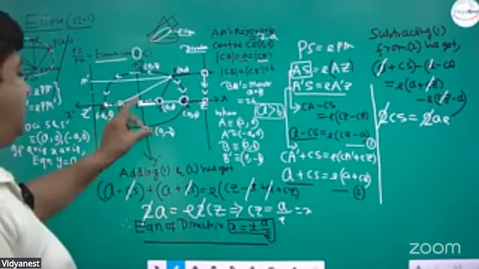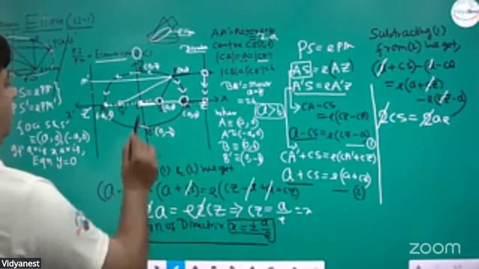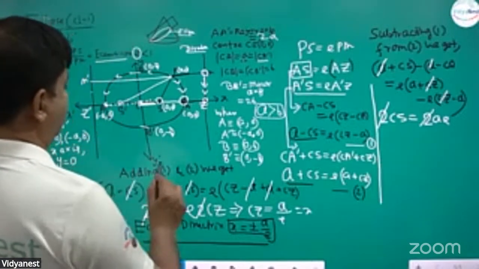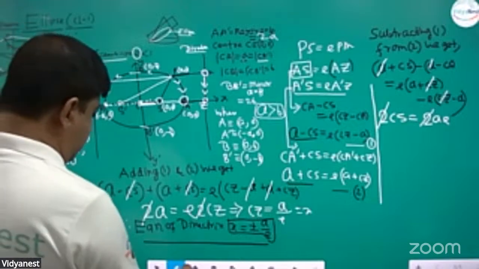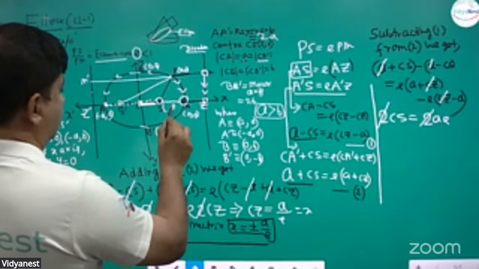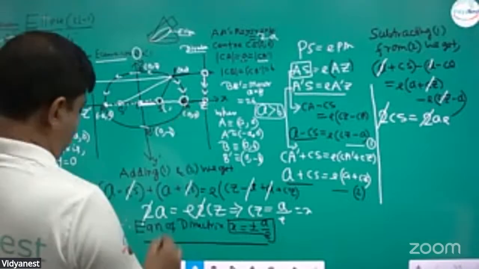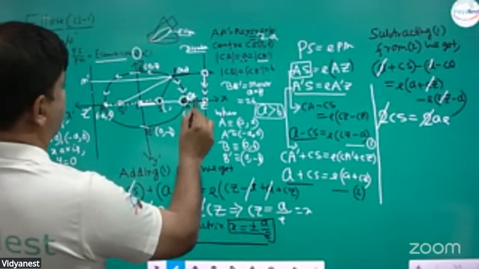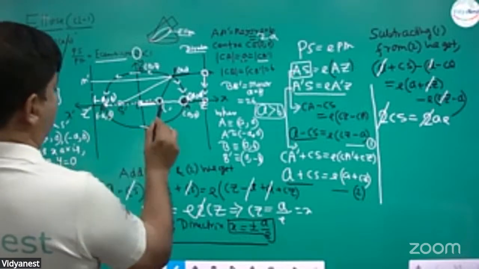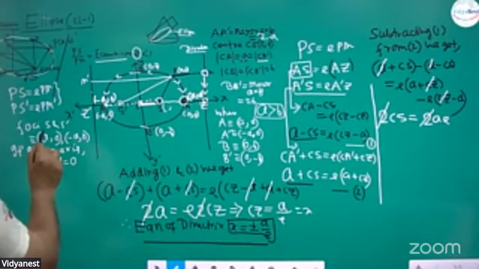So CS dash, symmetrical to this with respect to y-axis, is minus ae. So you observe one mistake. This was a comma 0 and this is minus a comma 0, and you see this is not the foci.